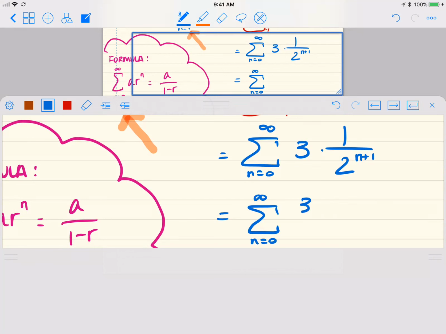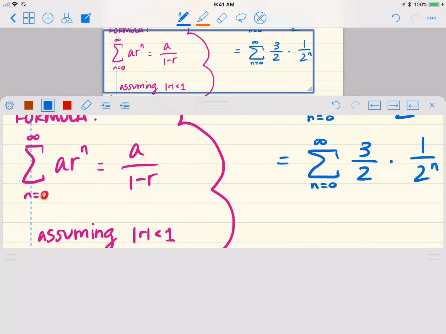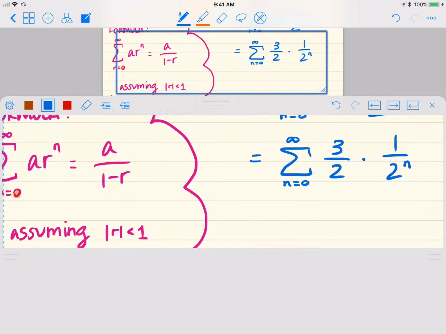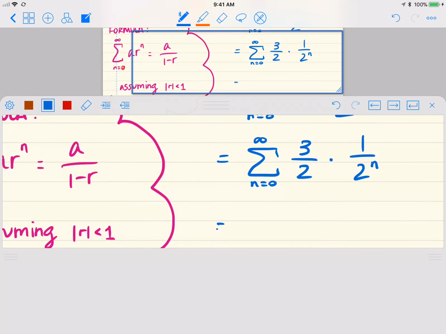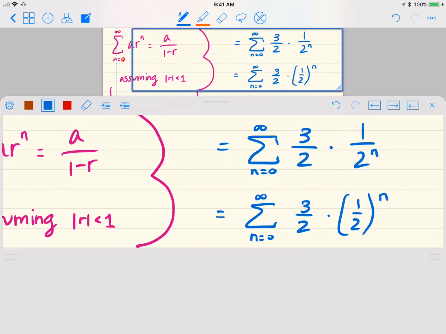I'm going to pull off a factor of 2, so I have 3 over 2 times 1 over 2 to the n. My goal, again, is to get it to look like this general format on the left, a times r to the n. And I'm almost there. Rewrite this: n starts at 0, 3 halves, 1 half to the n. So how did I get from here to here? I just rewrote 1 over 2 to the n as 1 half to the n.